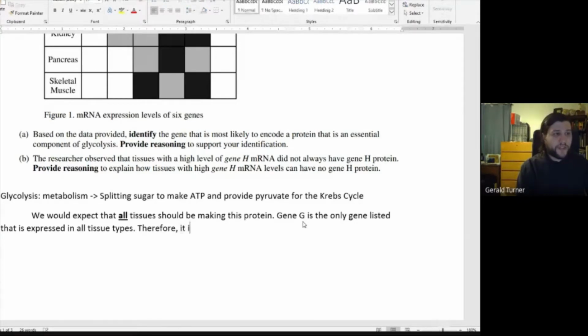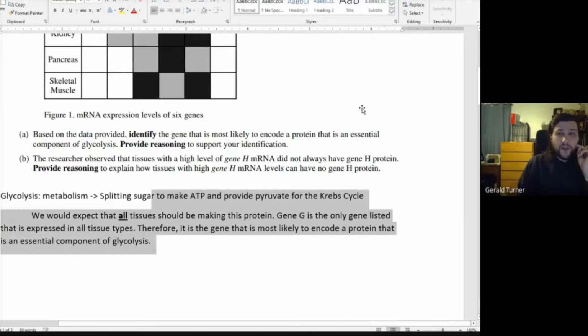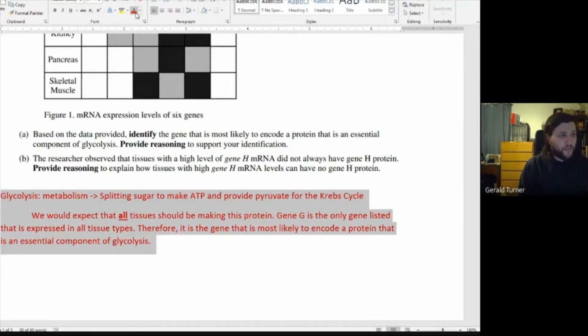Therefore, it is the gene that is most likely to encode a protein that is an essential component of glycolysis. There we go. Typing, talking, and thinking at the same time is apparently beyond me. So that is the approach that we would take for part A.